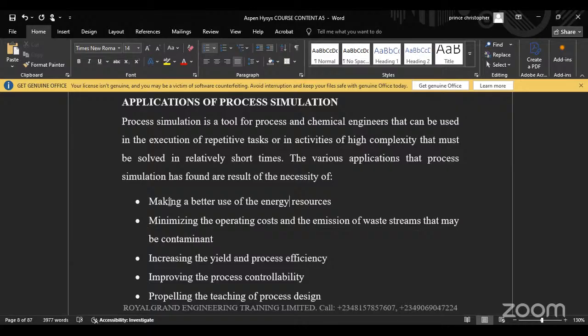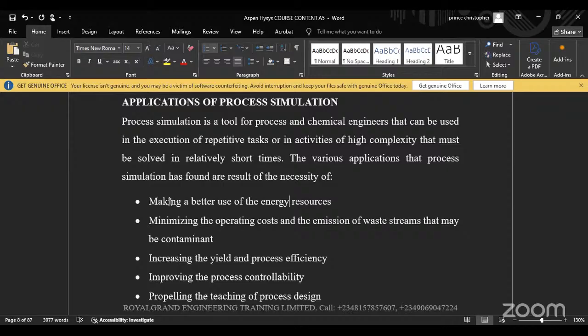So when you carry out your simulation, you are going to know what you are getting as your waste material. Now that will help you. Okay, this waste material we have gotten, what can we use it for? Can we sell this waste material? Is it useful? Is it disposable? Can it be used for something else in the plant? Something that is considered a waste to some other company is not a waste.